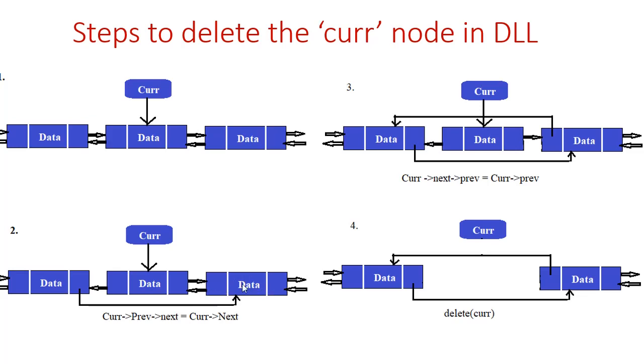That is, this node's previous, instead of pointing to the cur node, has to reference this first node. I have done that here. I said cur's next's previous would now be cur's previous. There is still a reference between cur and its previous node. So this is the new link that I am creating.